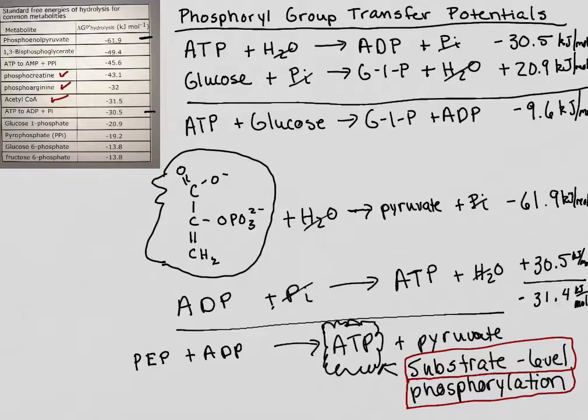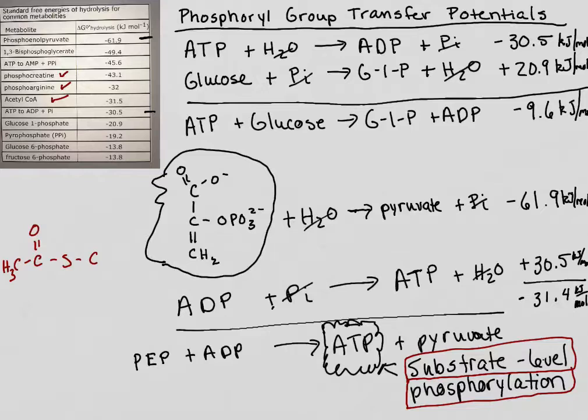Acetyl-CoA sure doesn't look like it has a high energy phosphoryl group, and it certainly doesn't. So in the case of acetyl-CoA or succinyl-CoA, as we'll meet in the TCA cycle, the bond that has the high energy is actually the thioester bond.